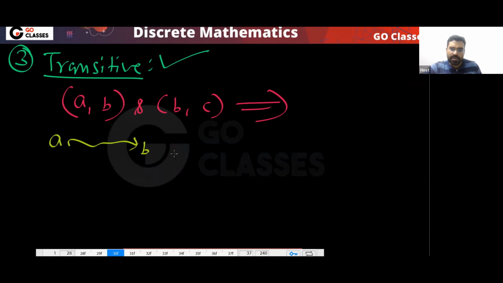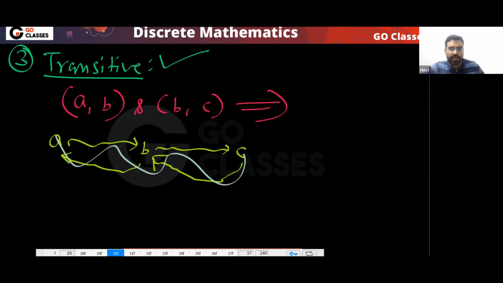There is a path from A to B, a path from B to C, a path from B to A, and a path from C to B. So there is a path from A to C, and there is a path from C to A. So yes, they are also strongly connected.